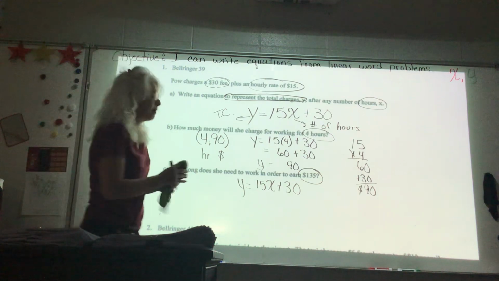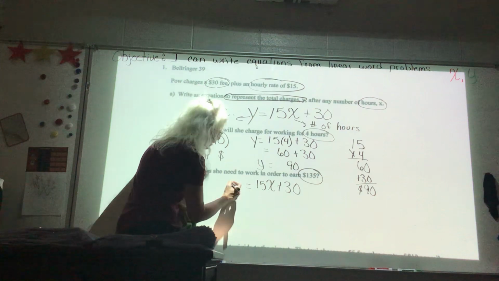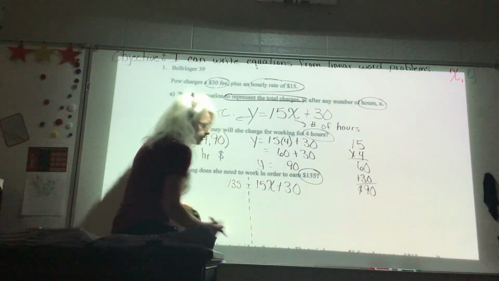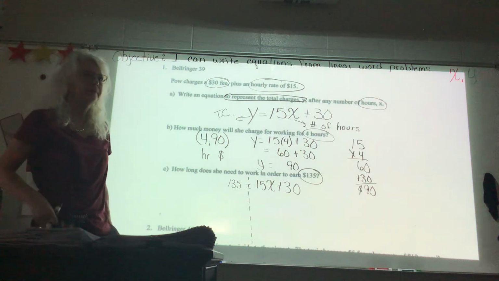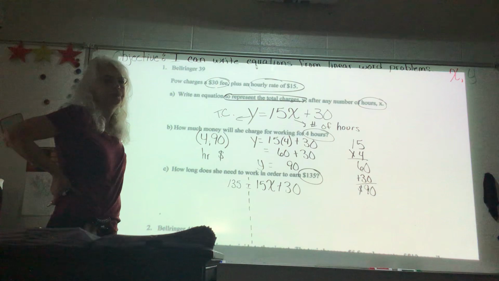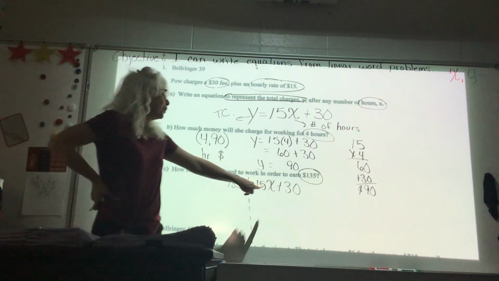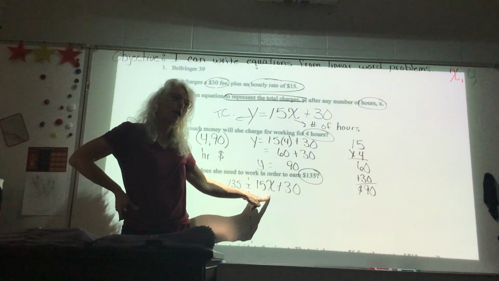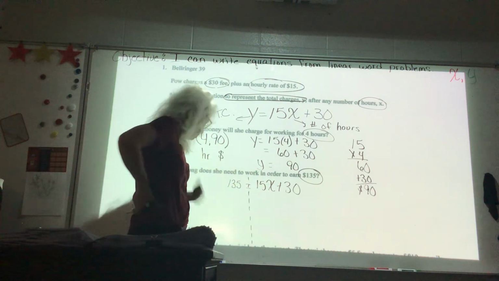So I'm gonna erase my Y and replace it with the 135, find my equal sign, and then dot it. Put your finger on the variable. Is your variable isolated? No, so we got to use those solve equation skills.